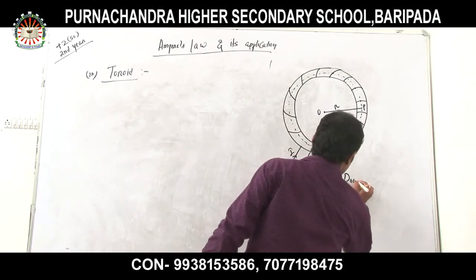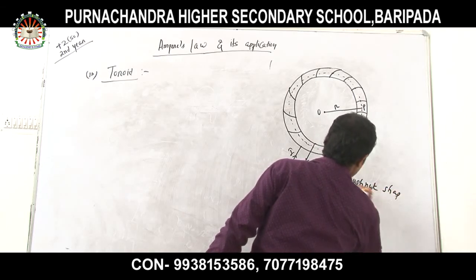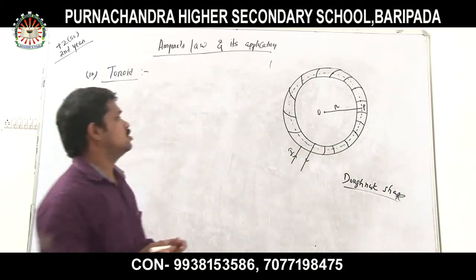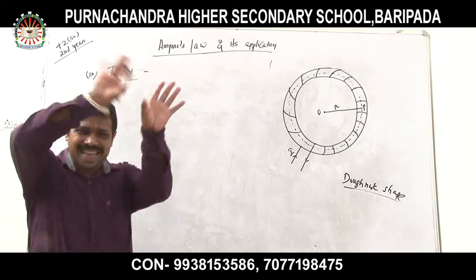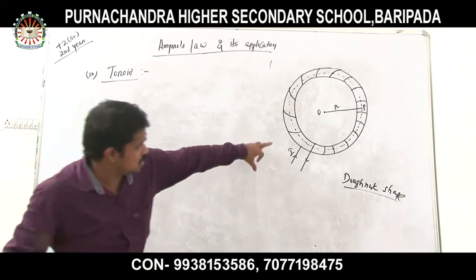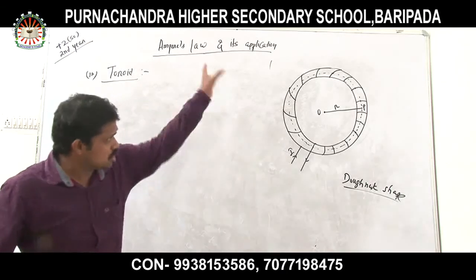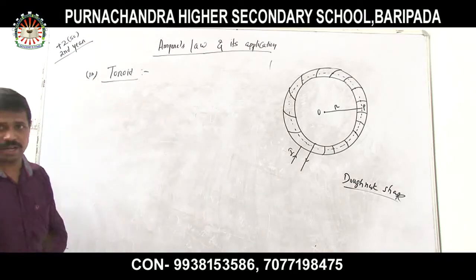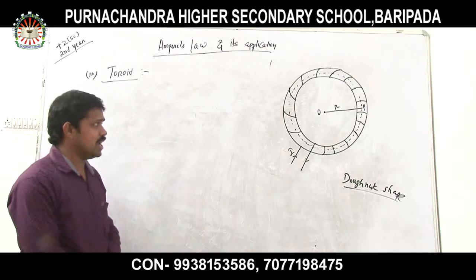This is called donut shape. So when the solenoid is arranged in a circularly cylindrical structure, just like this, then that type of structure is called a toroid. Clear? That type of structure is called a toroid.